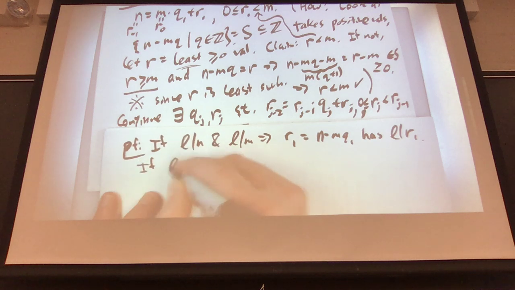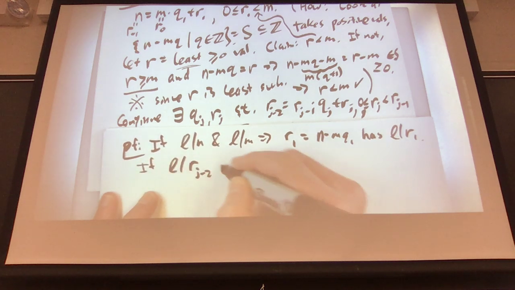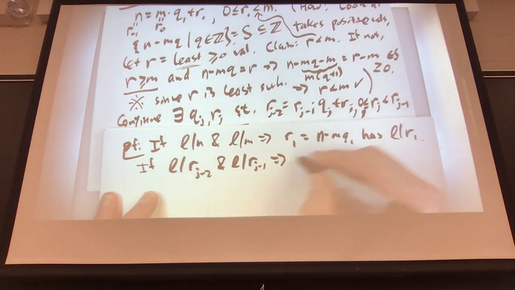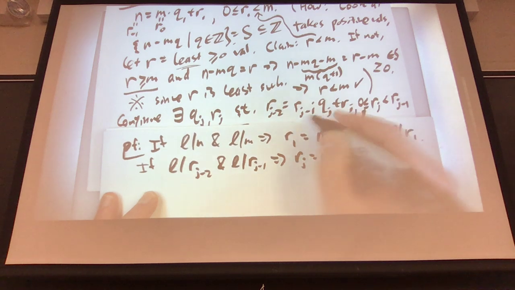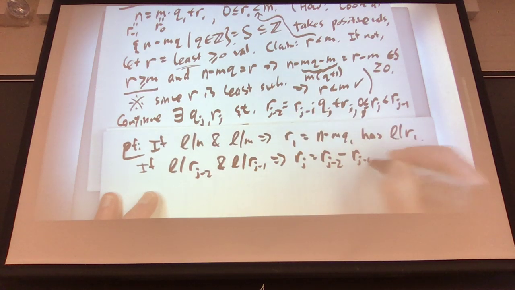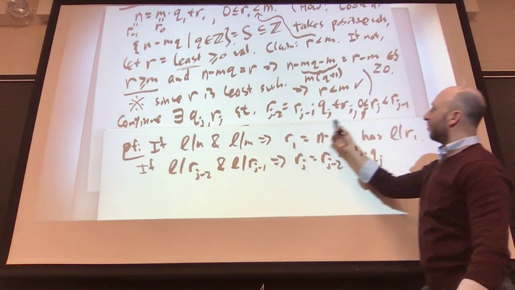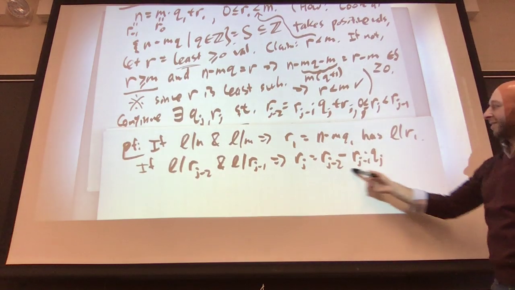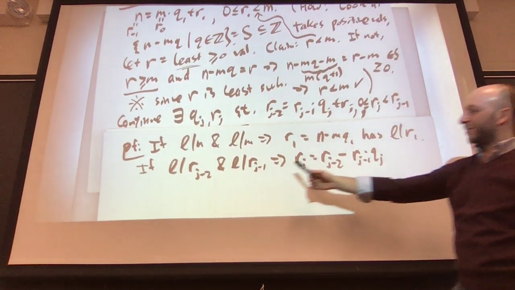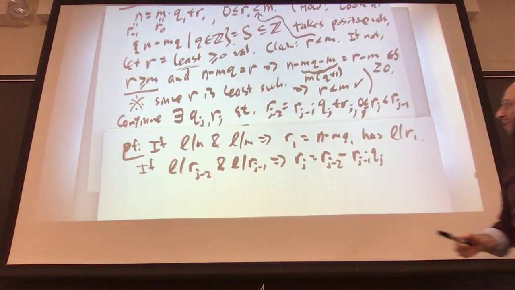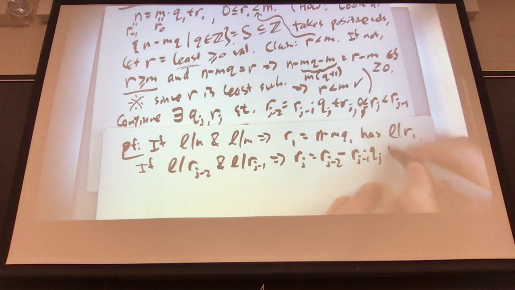If L divides r_(j-2) and L divides r_(j-1), then r_j, which is r_(j-2) minus r_(j-1) times q_j, I'm just rewriting this equation where I'm isolating r_j. We assumed that L was a divisor of both of these things, so it's also a divisor of r_j.